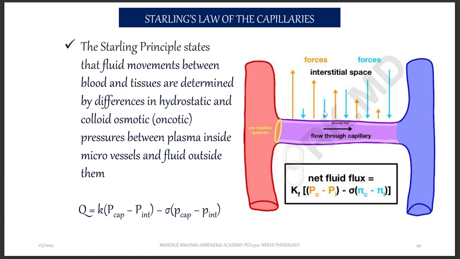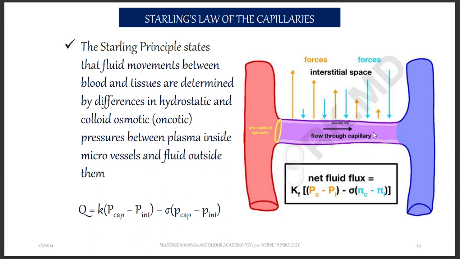So it's going to be given by the pressure trying to push things out. So that is going to be the colloidal pressure. Remember, colloidal pressure is trying to remove things. Okay, here. And then you are also going to subtract pi.